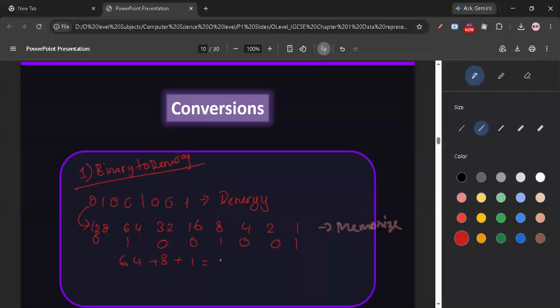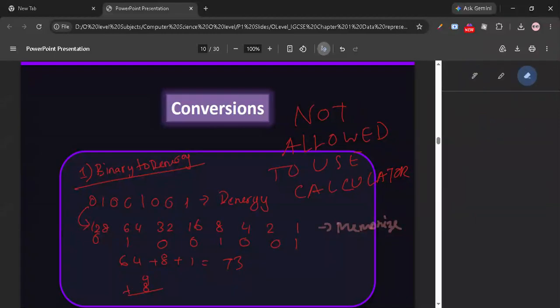We are not allowed to use a calculator, so we must not use a calculator. 64 plus 8, let's do it. And it's 73. I'm just counting it, nothing else.